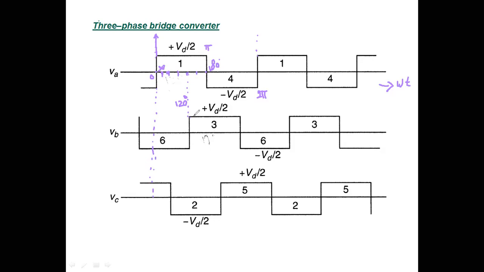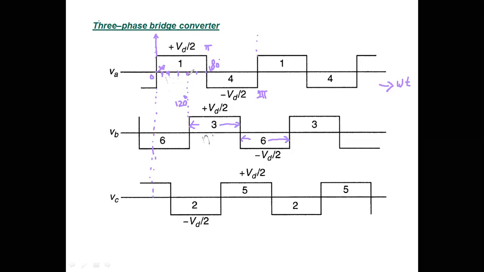Then it will be conducting for 180 degrees. Please remember, don't confuse. 3 is conducting for 180 degrees, and for the remaining 180 degrees, 6 is conducting. Any one turn-off device is conducting for 180 degrees, and the remaining 180 degrees is conducted by the other turn-off device in the same leg. Remember this is 180 degrees.